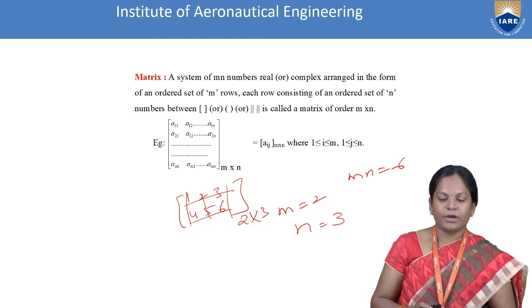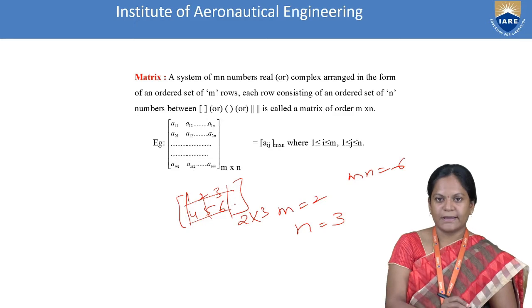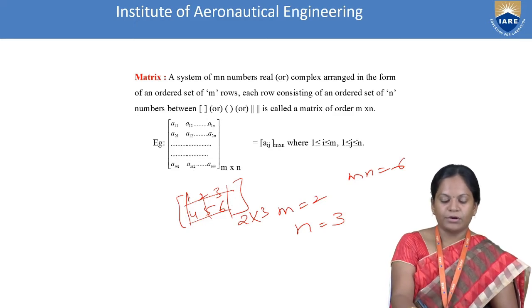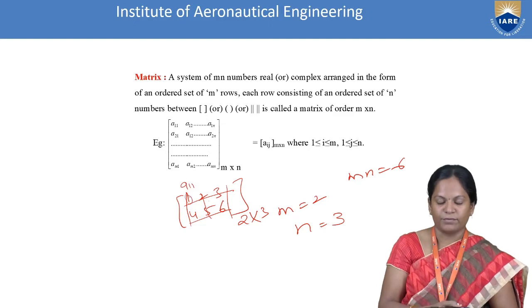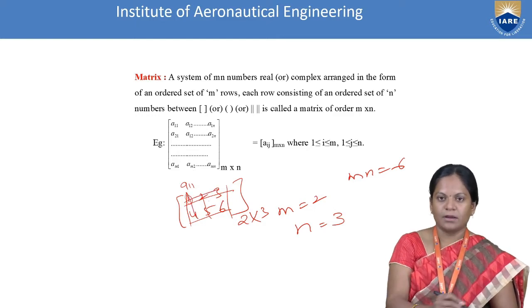Now we have to know the general matrix form. Here we have 1, 2, 3, 4, 5, 6 elements. What is the indication of the first one? A11 is nothing but the first row and first column value.